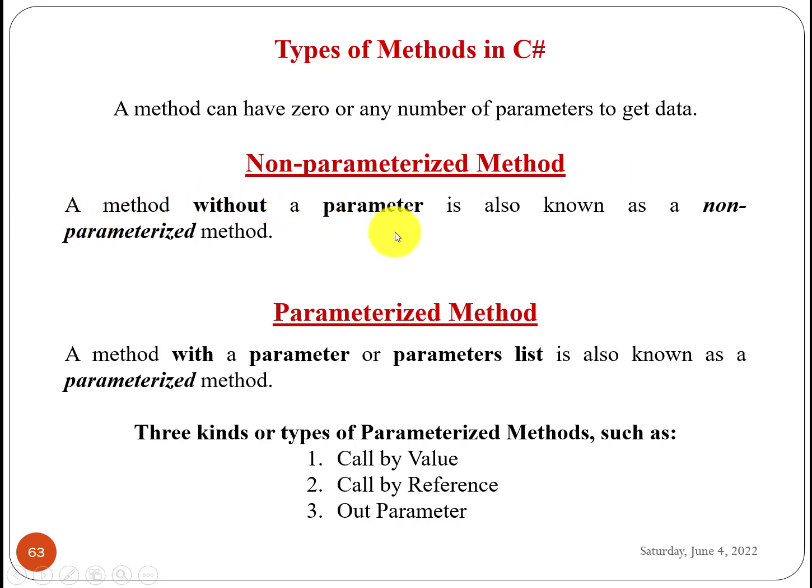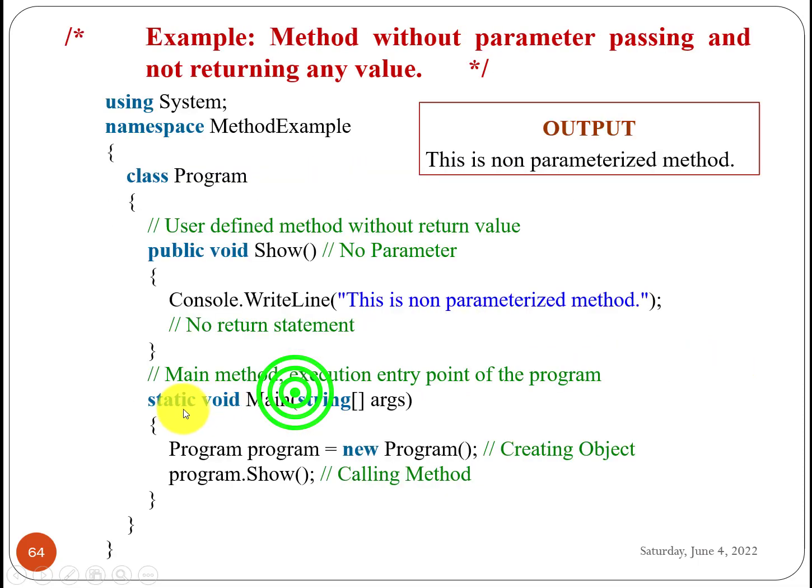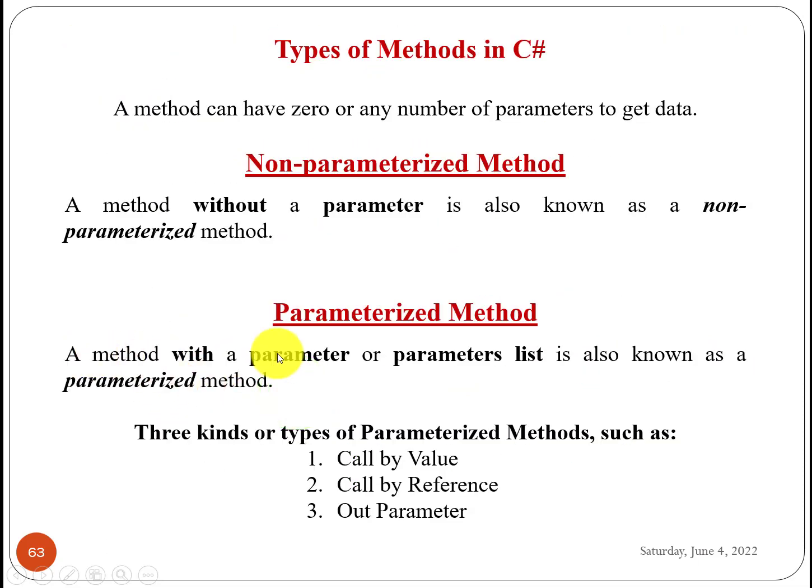A method without a parameter is known as a non-parameterized method. So without parameter is called a non-parameterized or default method. Parameterized method: a method with a parameter or parameters list is known as a parameterized method, where the programmer passes the parameters to the method.